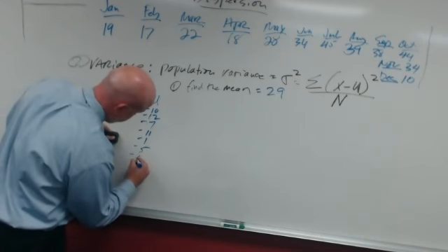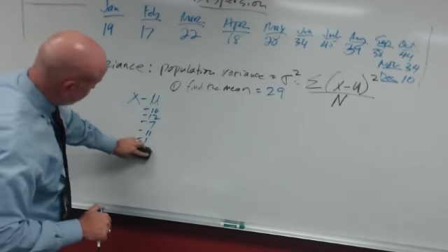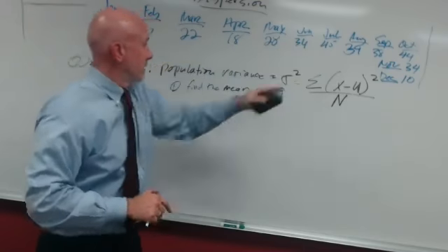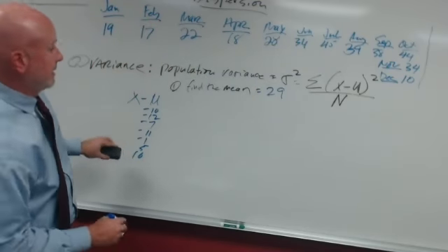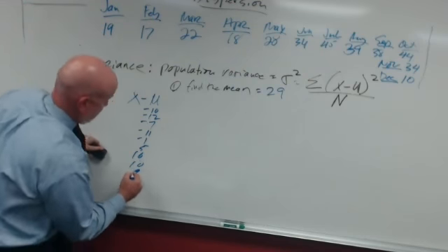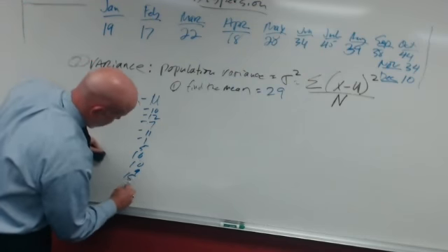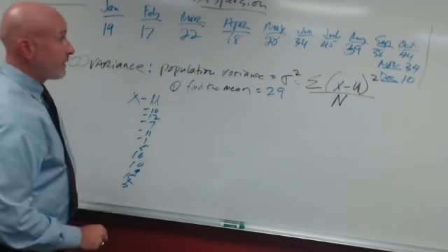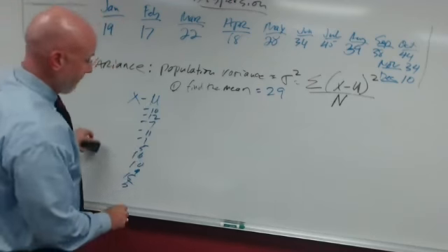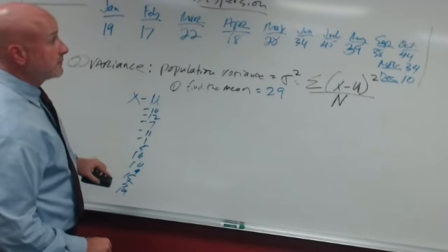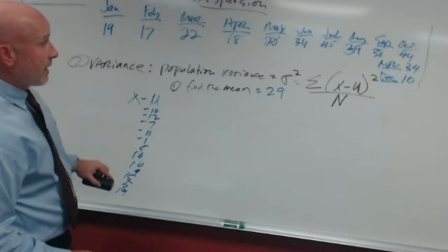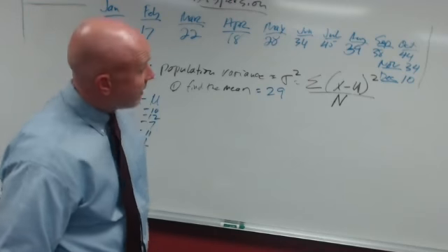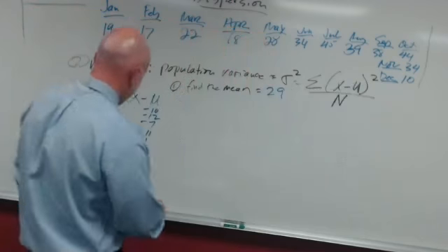Positive 16. Then positive 10, positive 9, positive 15, positive 5, and negative 19 on that last one. Look at the top of page 74.